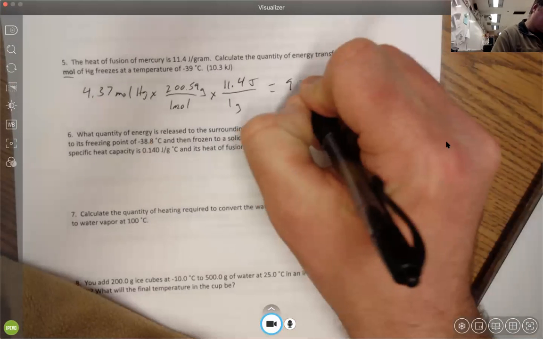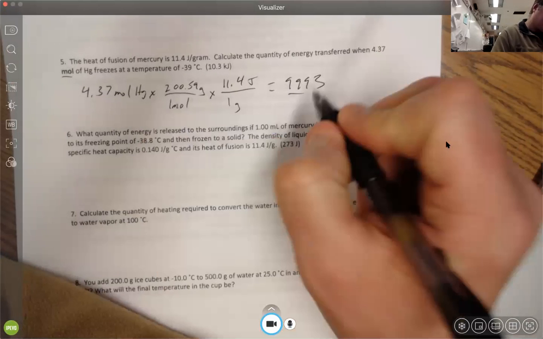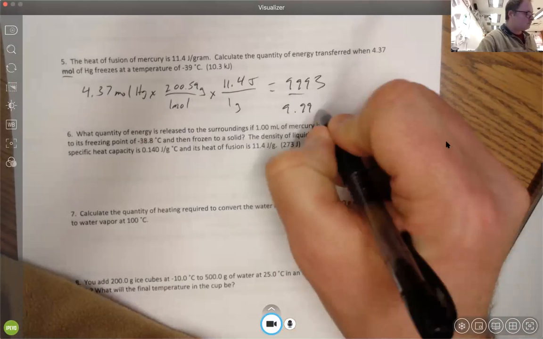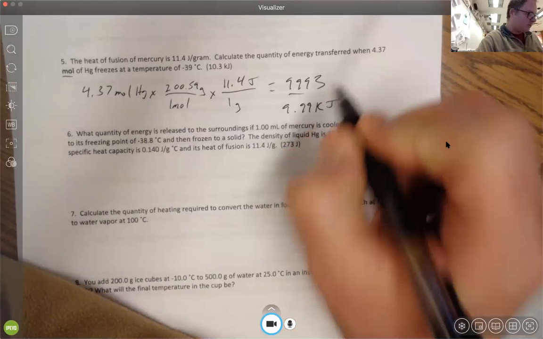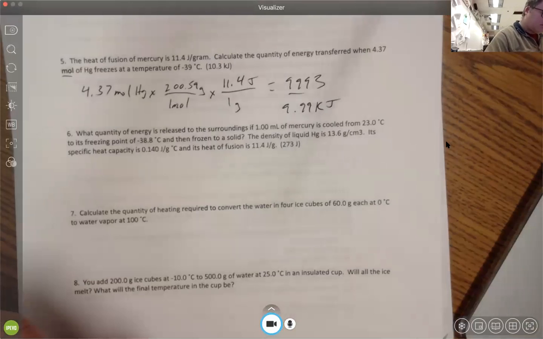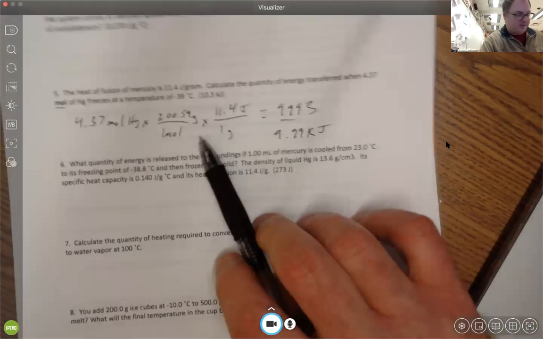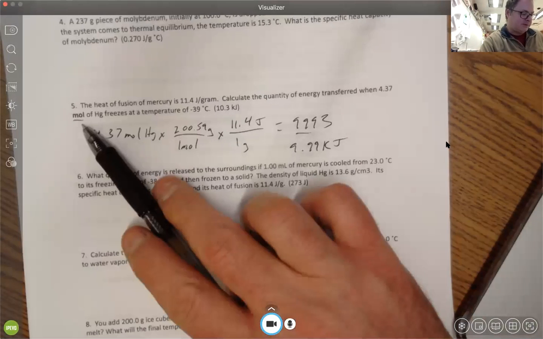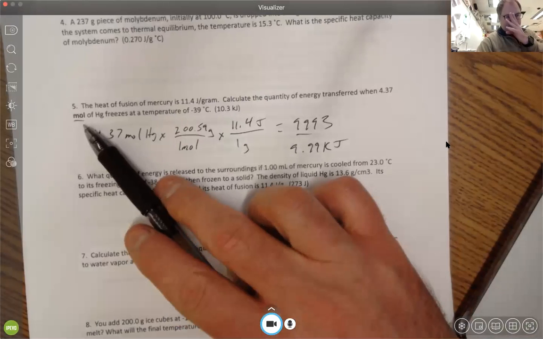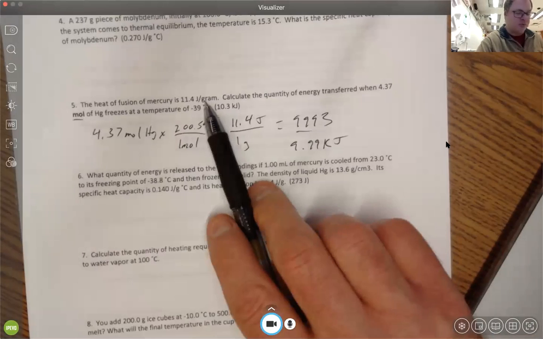With 3 significant digits, we would get 9.99 kilojoules, unless I switched some numbers in there in my calculator. So I mean, a lot of times you could be given something in moles, or this could be a molar heat of fusion, which instead of being in grams would be joules per mole.